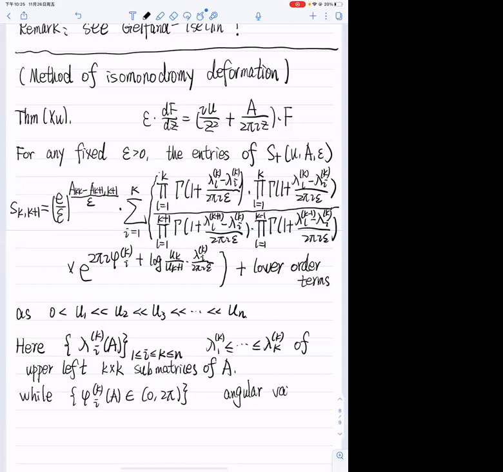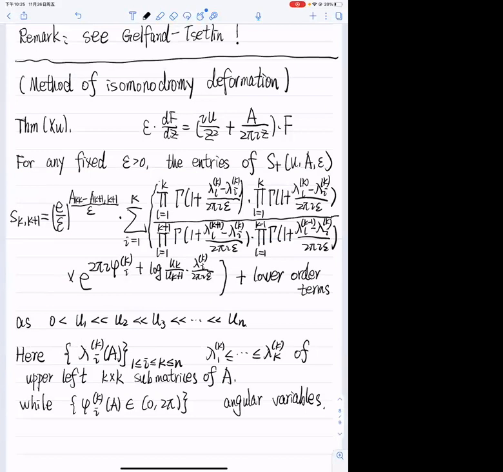Angle variables. Okay. Let me explain this theorem. First I have to say, at this moment, people have no clue how to write down entries of Stokes matrices in an explicit way. I guess people conjectured for many years that each entry of the Stokes matrix can be seen as a function of U and A, and that they are new transcendental functions.